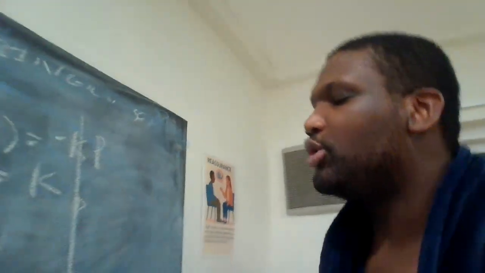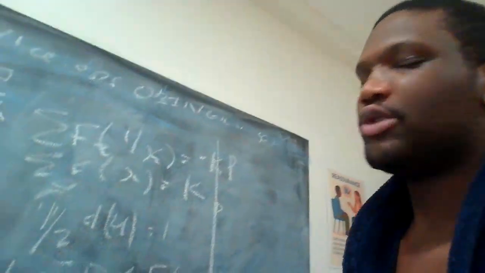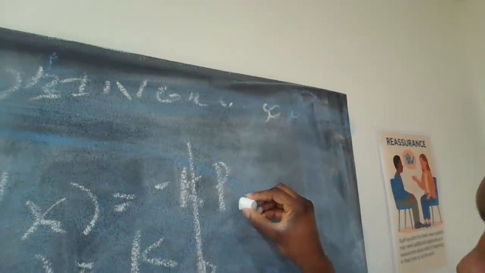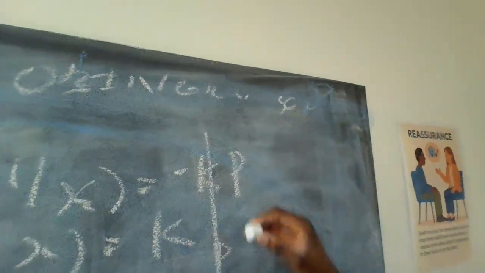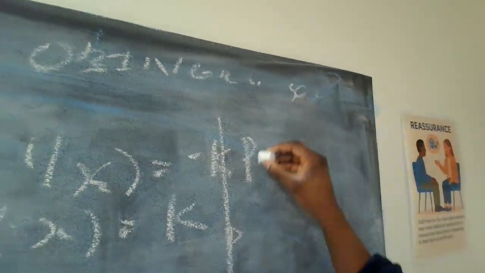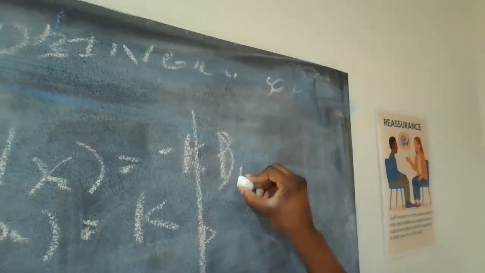Work divided by force equals displacement, or displacement equals work divided by force. So we get this formula here already. Now this one we have the potential, the non-potential work.